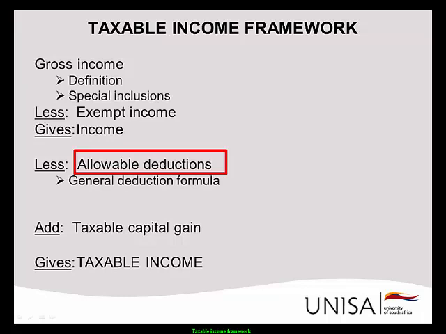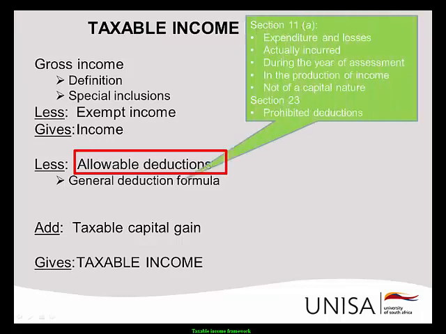General deductions are expenses that comply with the general deduction formula. That is Section 11A read with Section 23. You'll need to learn how to apply these sections when it comes to deciding whether an expense that is of a general nature will be deductible for income tax purposes or not.